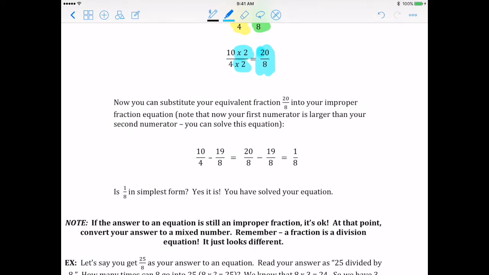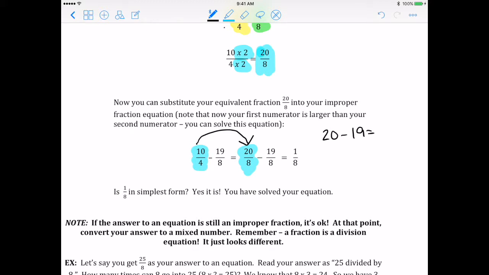So as you can see, instead of 10/4, I replaced that 10/4 with 20/8. I still kept my 19/8 because I didn't change that improper fraction. It remained the same. And now I can subtract, because can I solve this problem? 20 minus 19?